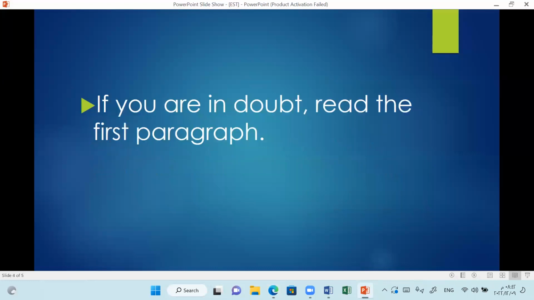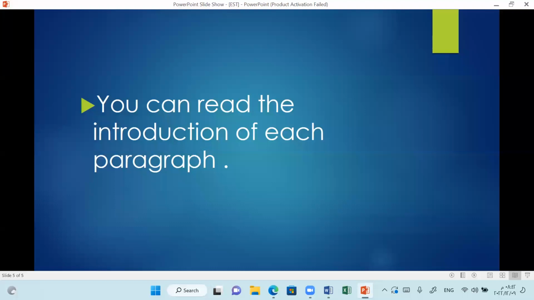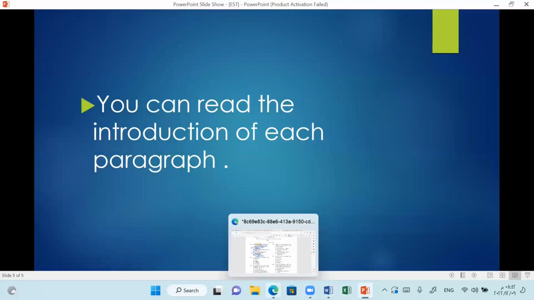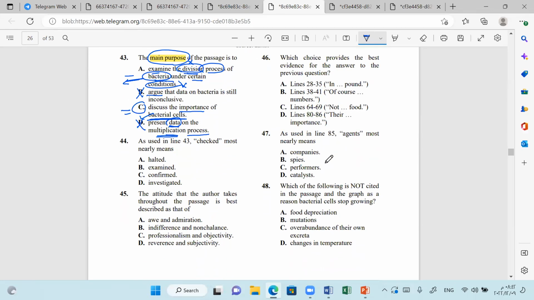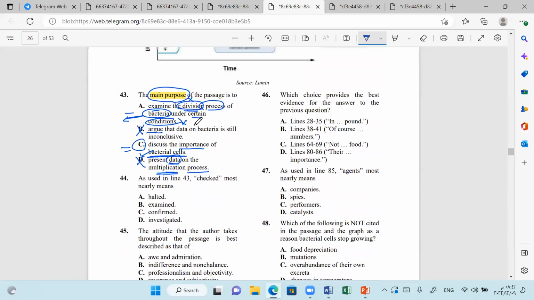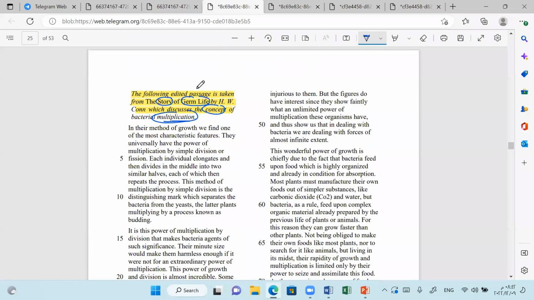You can read the first paragraph. You can read the introduction of each paragraph, no problem at all. You can mark letter C or whatever letter you want, and after you answer the more specific questions, you can come back to this one, confirming your choice or denying it. Is it clear?